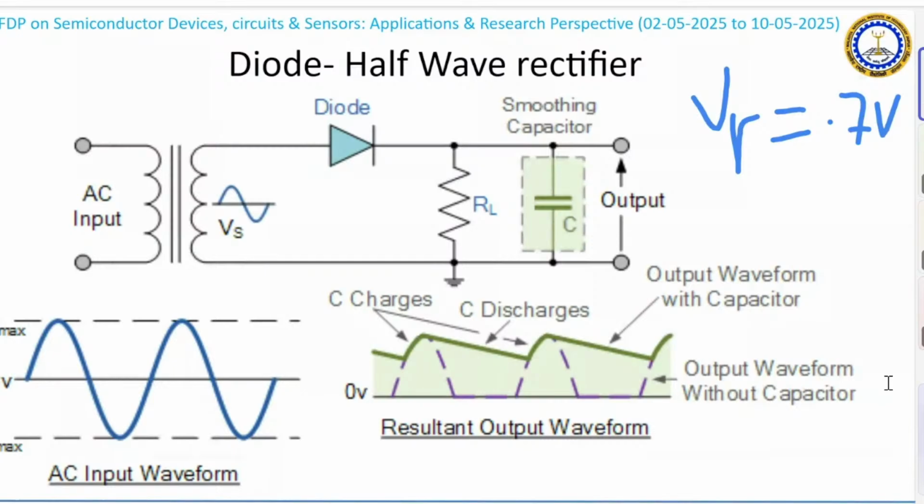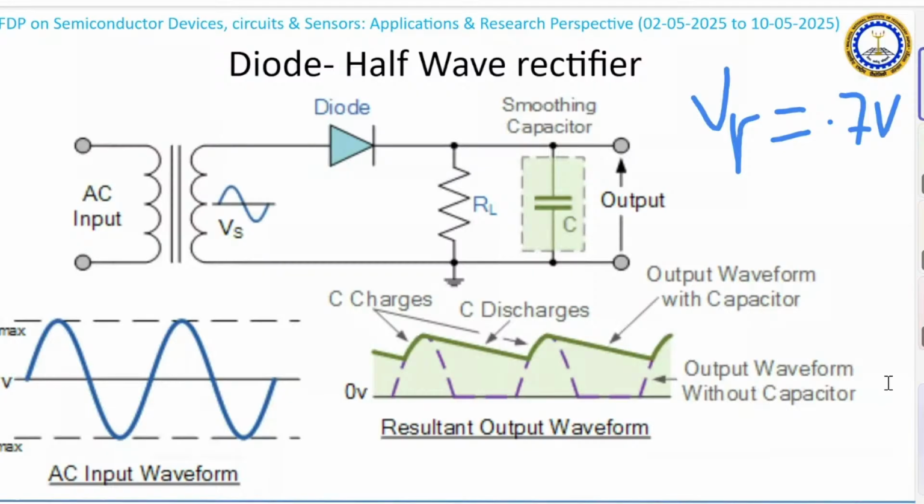Up to 0.7 volt, the input has to go from here up to that level for the diode to turn on. After that the diode is on. So how much is the output? Can I write it as V in minus 0.7? That's the voltage which is actually going through, with the diode on.